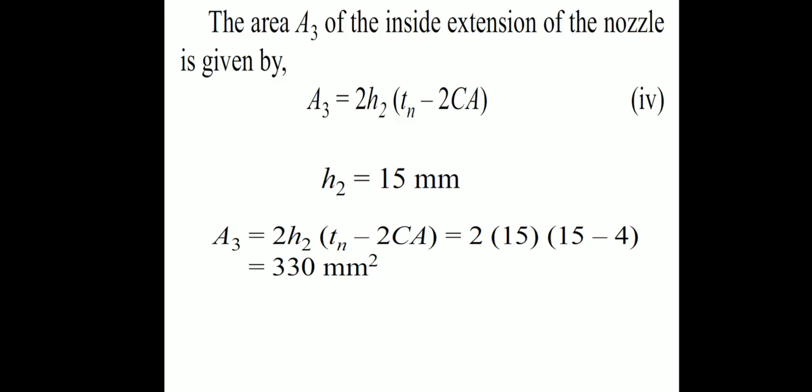Area 3, that is A3, is calculated as A3 equal to 2 times H2 in bracket Tn minus 2 times corrosion allowance, where H2 is 15, which is given. Substituting the value, you get A3 equal to 313 mm square.